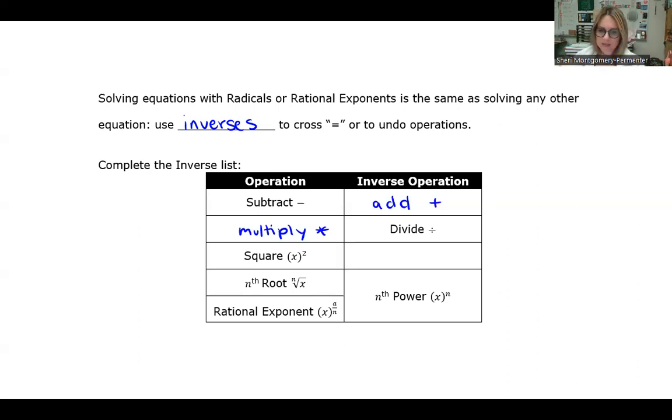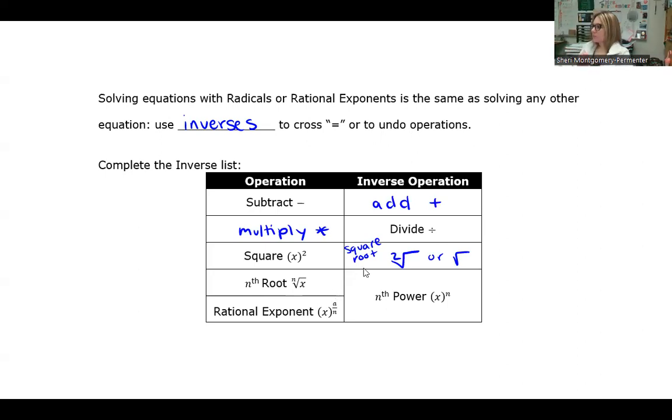Yes, square root. So if you have something squared, we can square root. And so all these work both ways. The last one, you actually undo either one of these the same way.